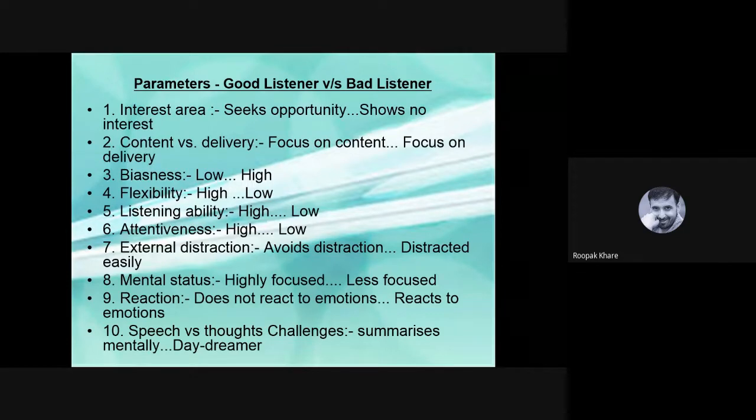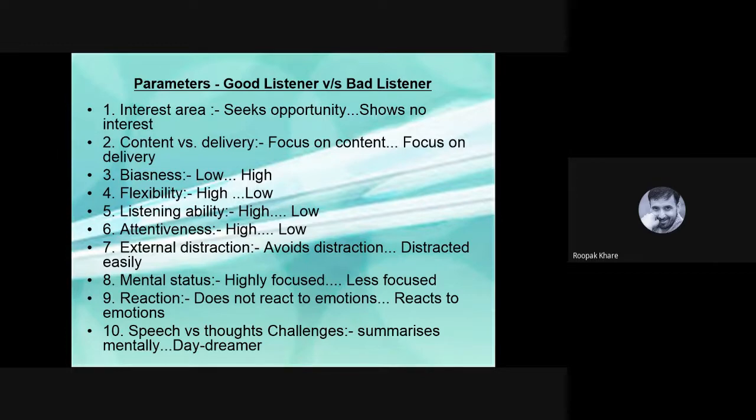So what is being a good listener and what is being a bad listener? Certain tips are being given over here. Number one, interest area. If you're a good listener, you will seek an opportunity to listen, while a bad listener would show no interest in the subject. Content versus delivery. People who are good listeners focus on the content, while bad listeners focus on delivery, how that person is speaking, rather than what that person is speaking.